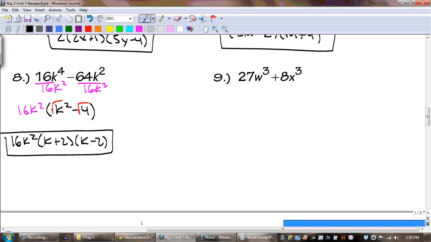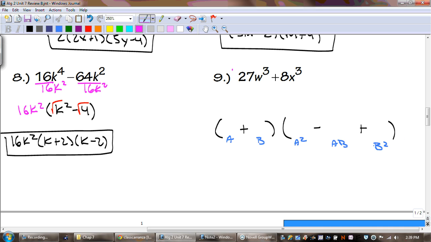All right, number 9. Always ask yourself, is there a GCF? No. Well, what's going on here? It's to the 3rd power. Yuck. Okay, well, guess what? That means it's going to follow our cube pattern, okay? Where it's plus, minus, plus. And right here is our a, then it's our b, a squared times ab plus b squared, okay?